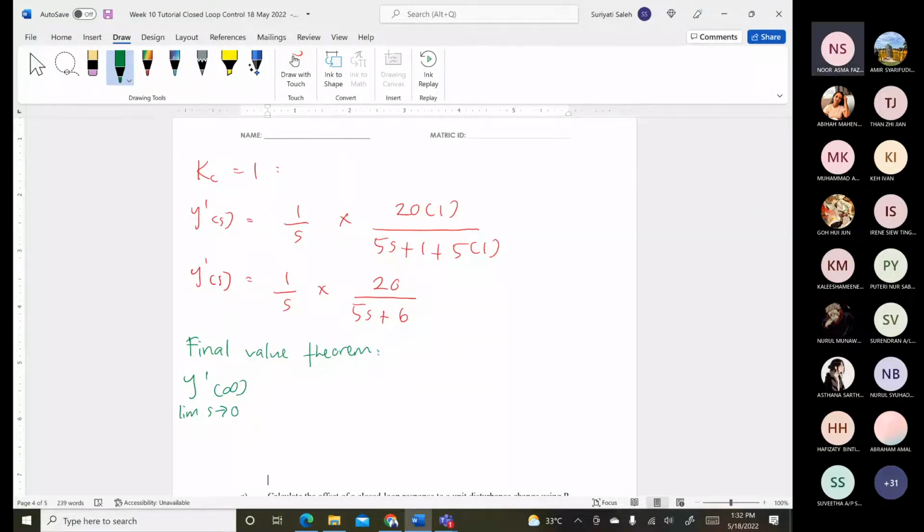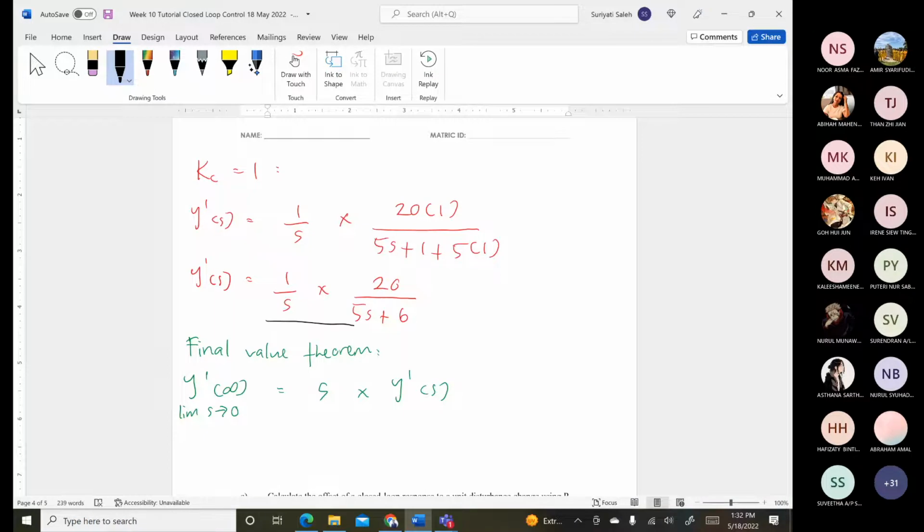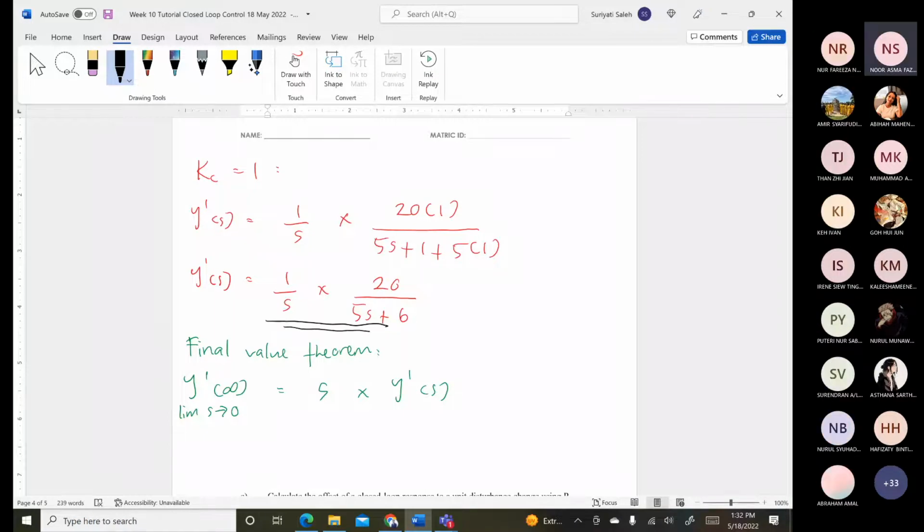When you want to find y prime at time equal to infinity, the limit s equal to 0, where you need to multiply s with the y prime s. So this is the formula. So s is your Laplace variable multiplied with the y prime s expression. So this y prime s needs to be substituted into here.